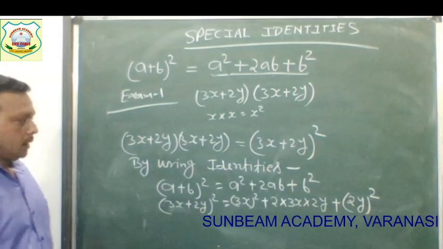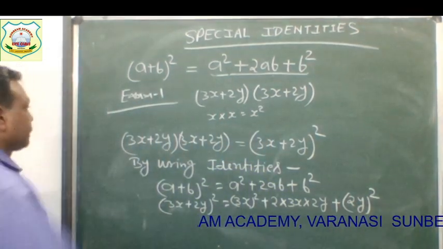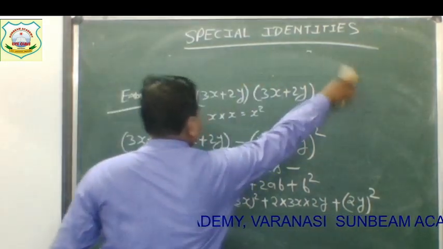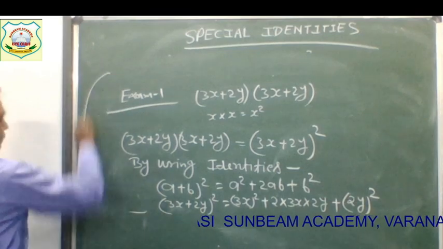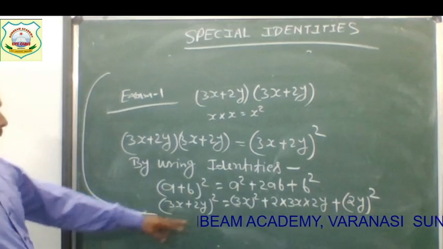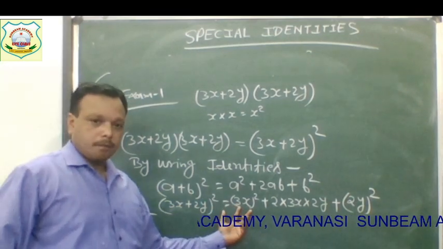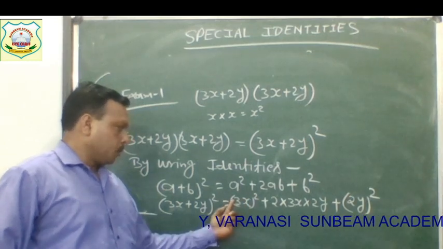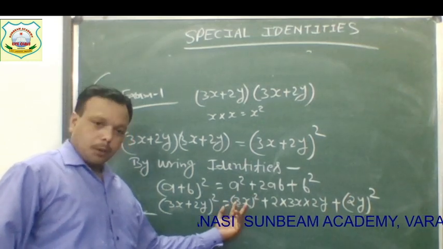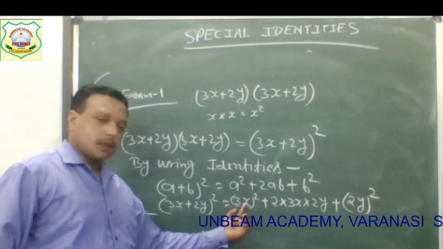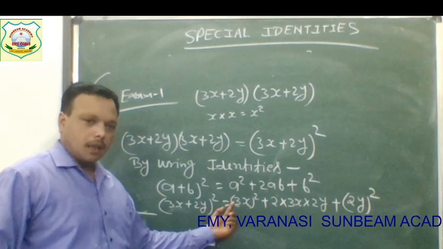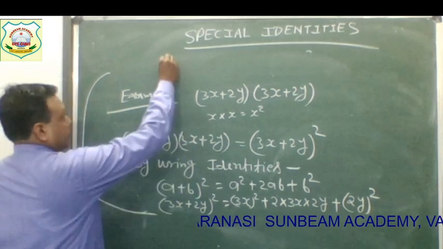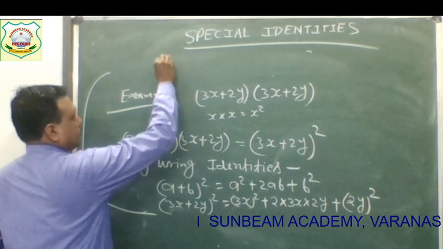Clear students? Now writing here, (3x) whole square. It means the square will apply to both values, 3 as well as x. So 3 square, that is 3 into 3, that is 9. (3x) whole square means 9x square.